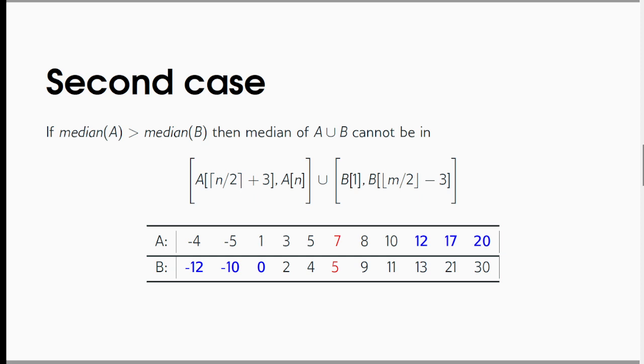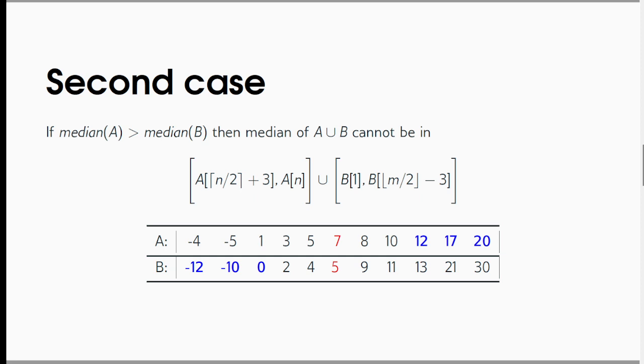And it cannot be in another interval, which is b1 up to b of m over 2 rounded down minus 3. The reason I'm choosing the constant 3 here is for the math to be simpler. There's nothing really unique about it.